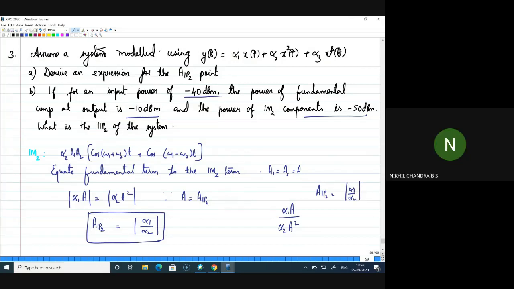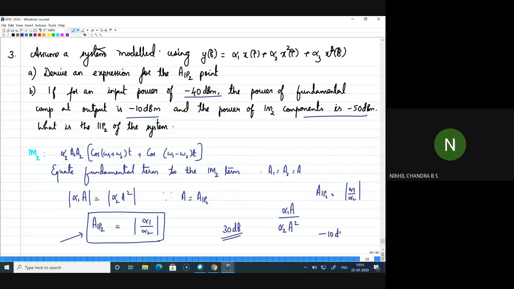So we substitute that in this equation. So first we cancel that A and A square. Yeah, that is finally your AIP2 only, right? Yes, sir. So we take the logarithm on both sides. So your alpha 1 you directly obtained as 30 dB or the equivalent of that, and alpha 2 you have taken as this component, right? With your 40 and minus 40 and minus 50, so that is coming around minus 10 dBm, right?